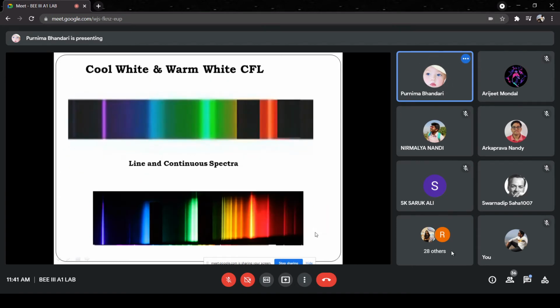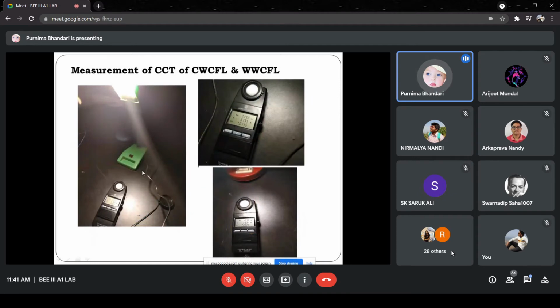For the chromameter or CCT measurement, you just have to put the chromameter. This is a digital instrument, so you can easily get the value on a display. But for this instrument, you first have to calibrate it, or do the zero error correction.